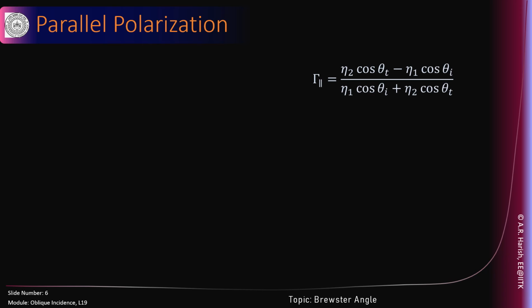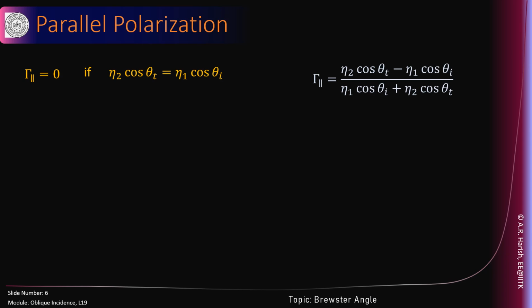Let's start with the expression for the reflection coefficient. Gamma parallel is equal to eta 2 cosine theta t minus eta 1 cosine theta I, upon eta 1 cosine theta I plus eta 2 cosine theta t. We are going to ask when gamma parallel will become 0.